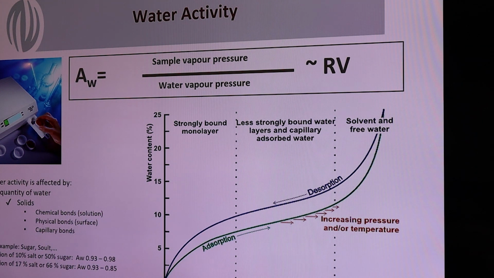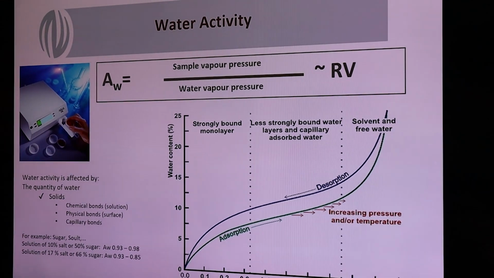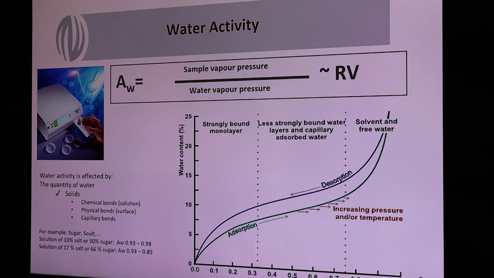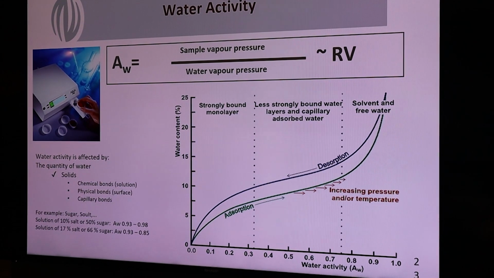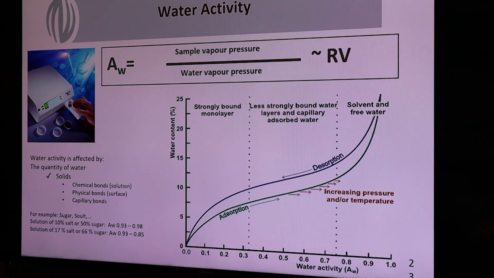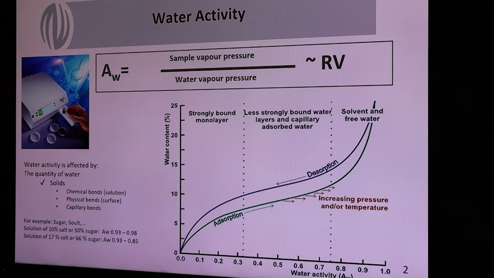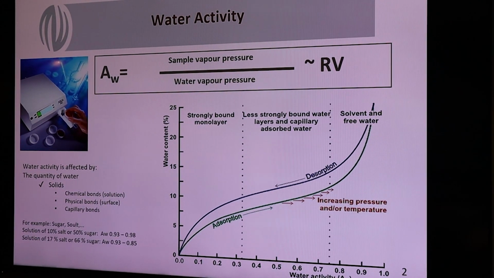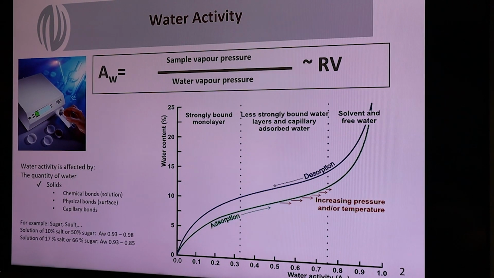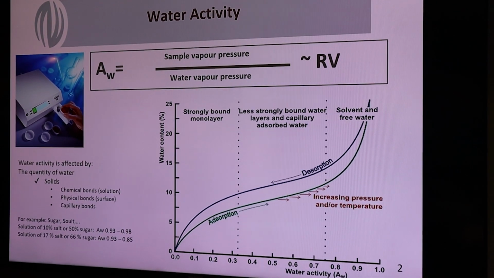We will measure the water activity today to show how it works, to see how we capture the free water compared to the bounded water. And I brought the equipment with me, so you can see how it works.